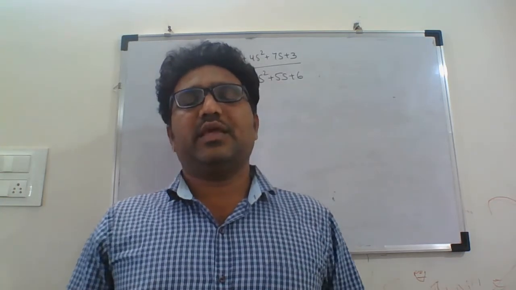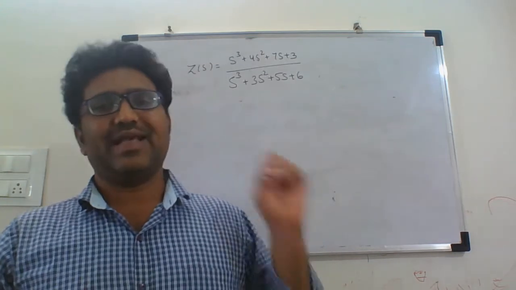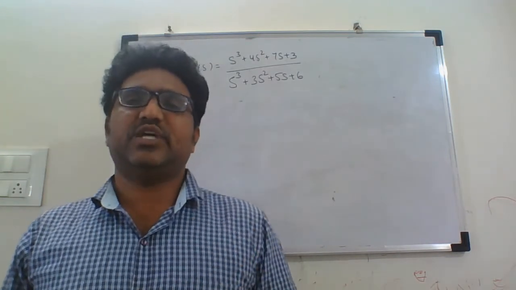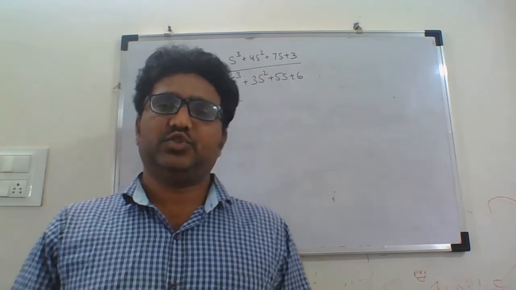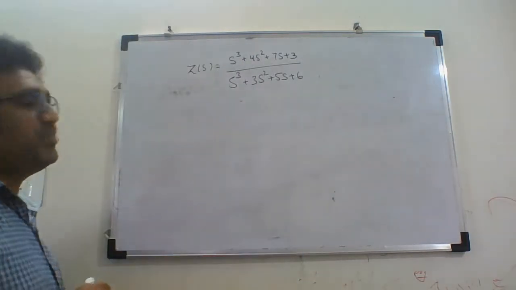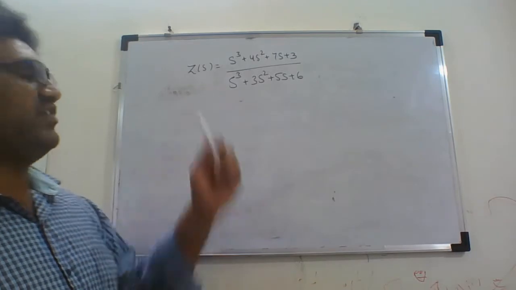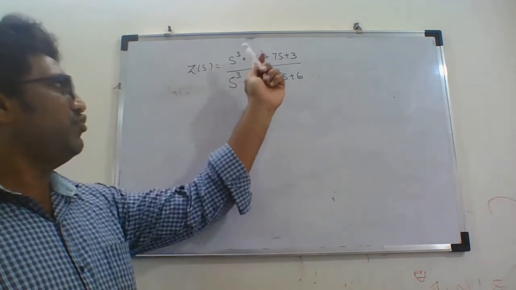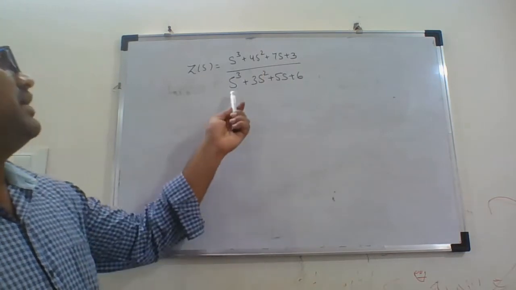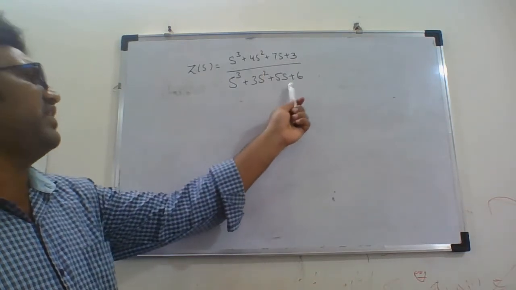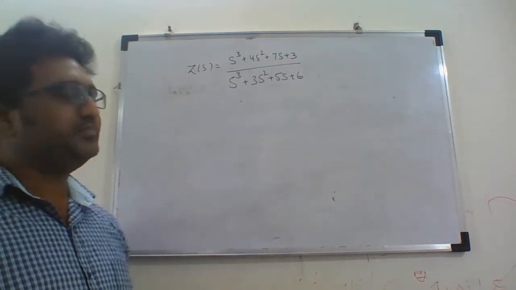Now let us take one example and see the mechanism of testing a network function. I have taken a simple example: Z(s) equals s cube plus 4s square plus 7s plus 3 in the numerator, and s cube plus 3s square plus 5s plus 6 in the denominator.